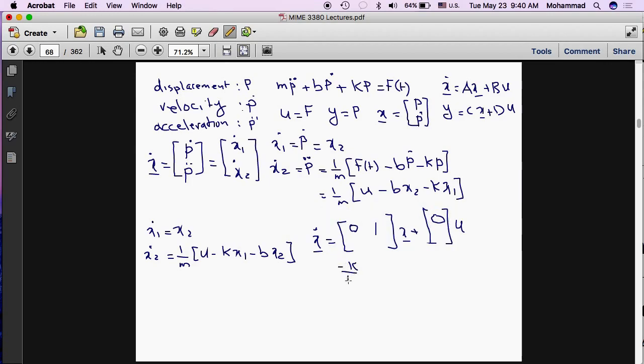Minus k over m here. That's what is multiplied by x1. And what is multiplied by x2? Did you say minus b divided by m? And what is multiplied by u? 1 over m. Absolutely. So that's it. I'm going to see if I can move them into place.